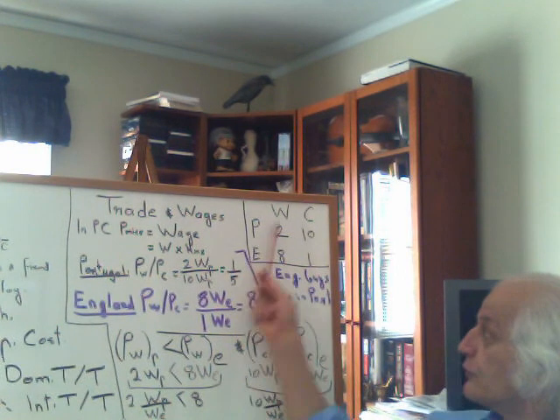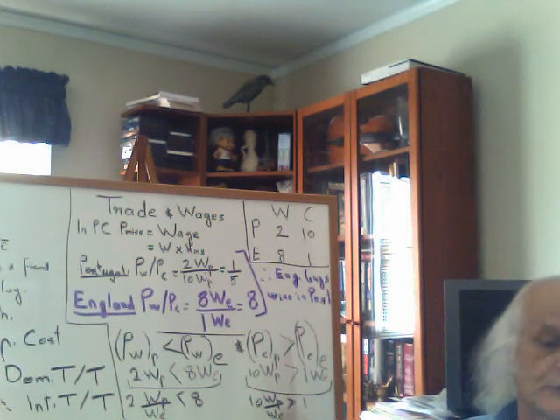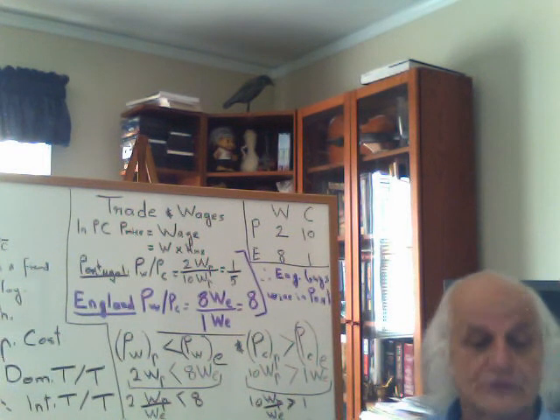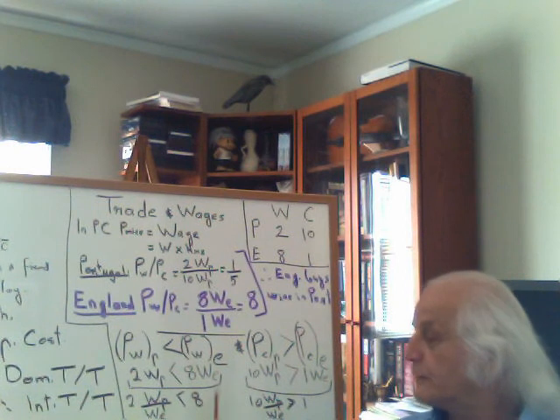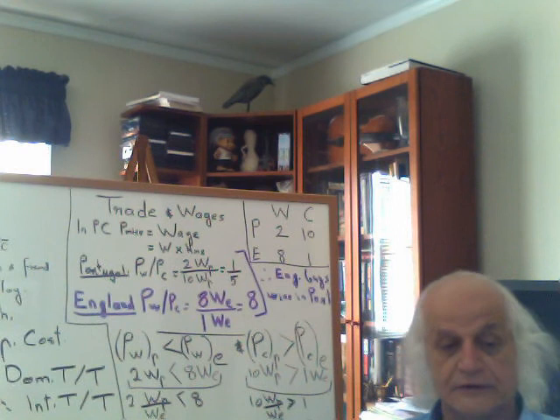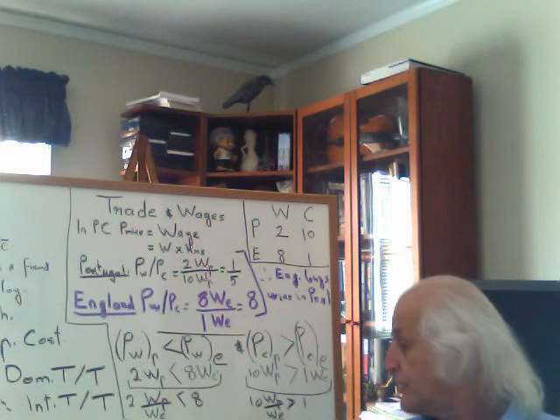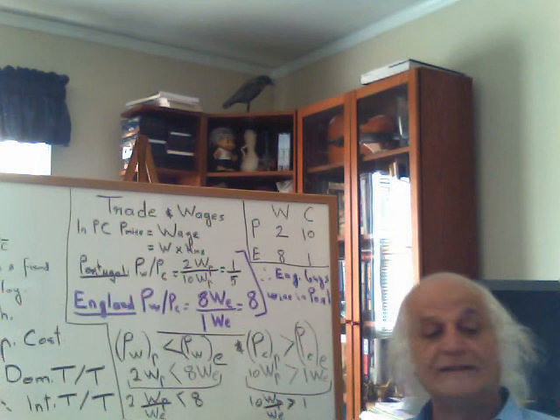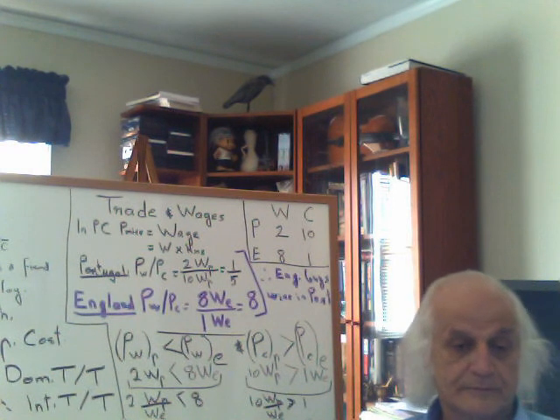So in order for this model to work, all we're suggesting is that even once you use money, you'll find that the wage rate in Portugal over the wage rate in England is limited to this range. It is greater than 1/10, but it is less than 4 times.